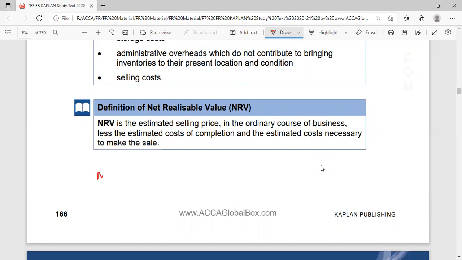Then coming to the next one, NRV. NRV stands for net realizable value.